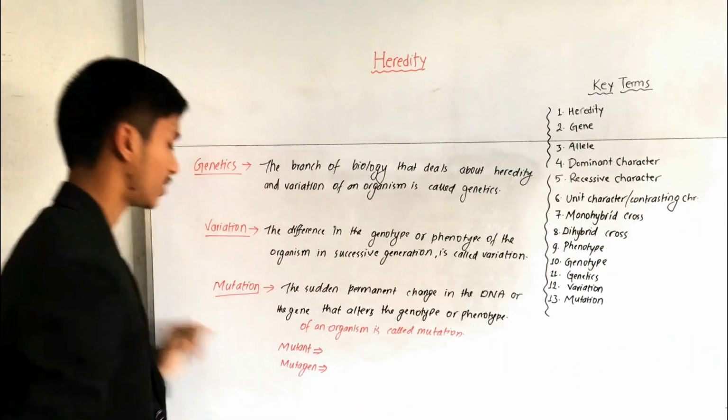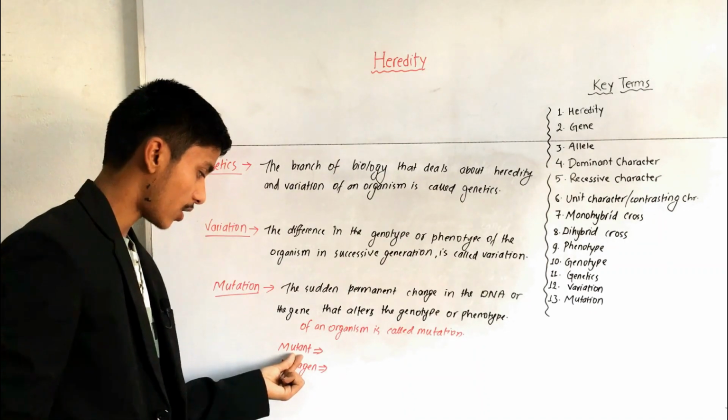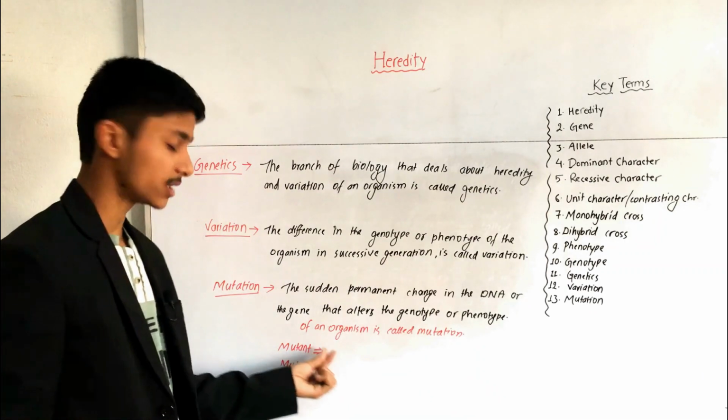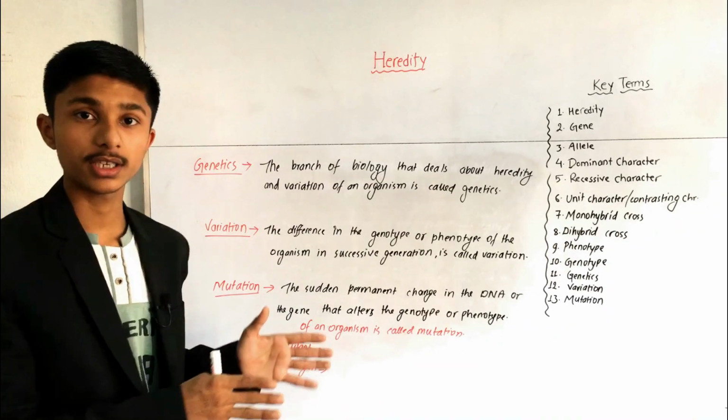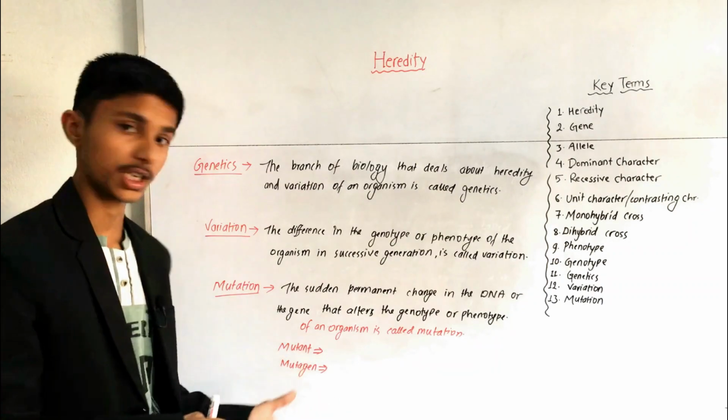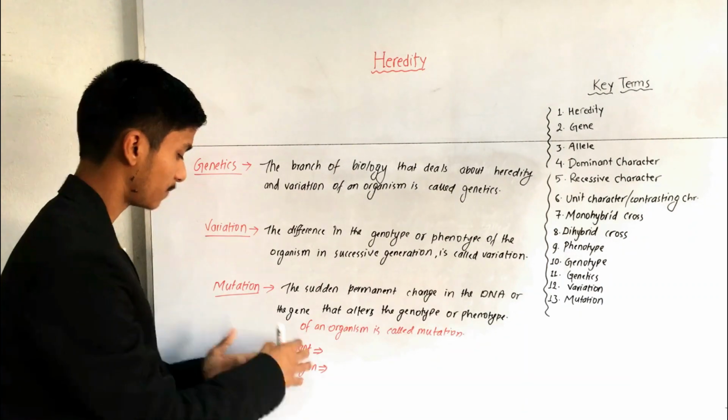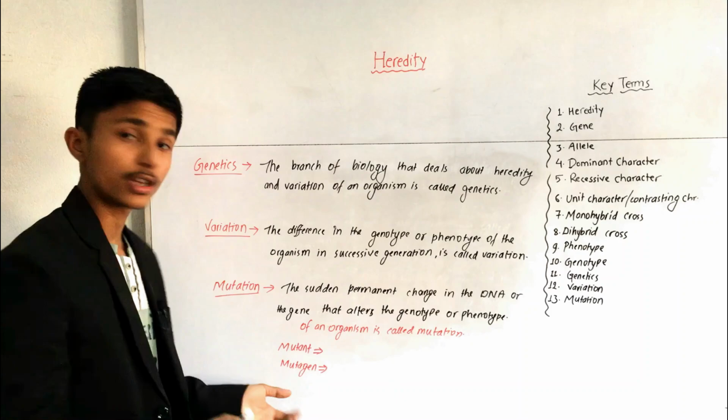Mutant means the effect of this mutation. It is the person or the agent on which mutation takes place. And mutagen means the cause of mutation.